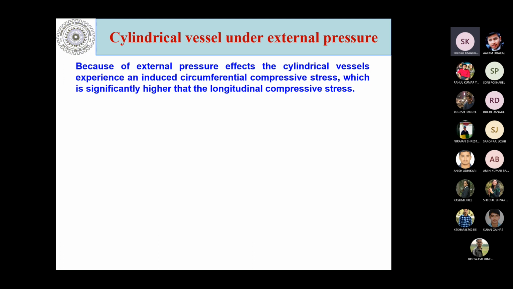This is just the reverse of an internal pressure vessel, where higher internal pressure pushes outward, giving tensile stress. But here the pressure from everywhere tries to squeeze the vessel, and therefore it is compressive stress.